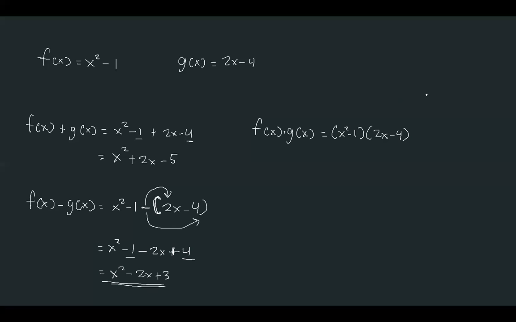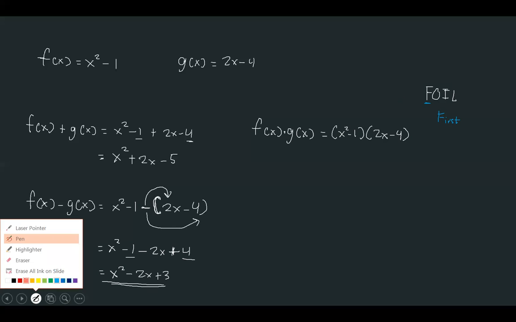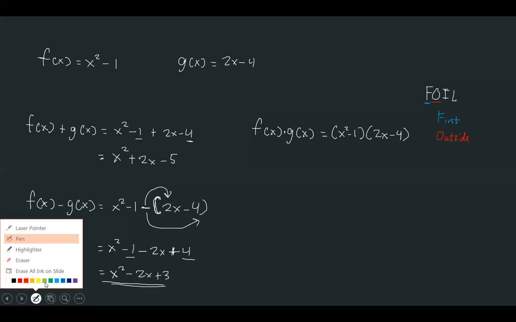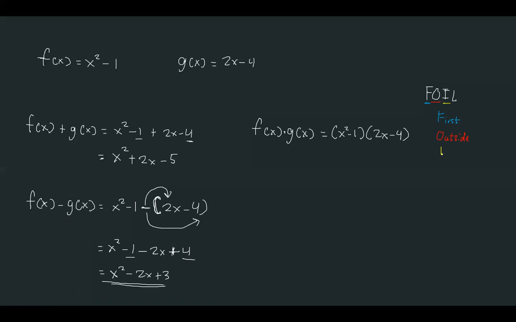Do you guys remember what the FOIL method is? With the FOIL method, you have your F, which is the first. Next we have the letter O, which is outside. Then we have the letter I, which is inside.